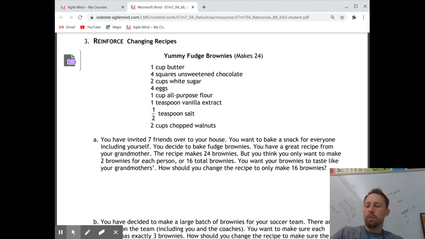What are we wanting to make it? 16. All right. So if you think back to that cathedral, we had to take the new measurement and the old measurement and we did something to them. What did we do?